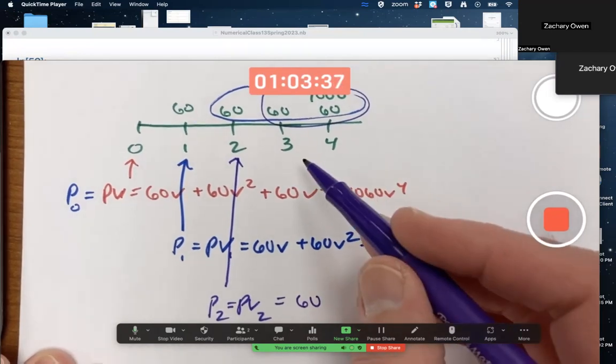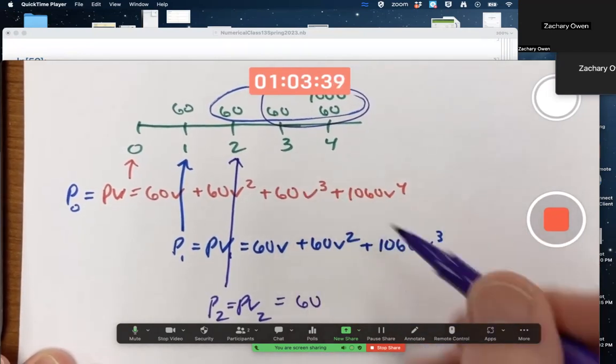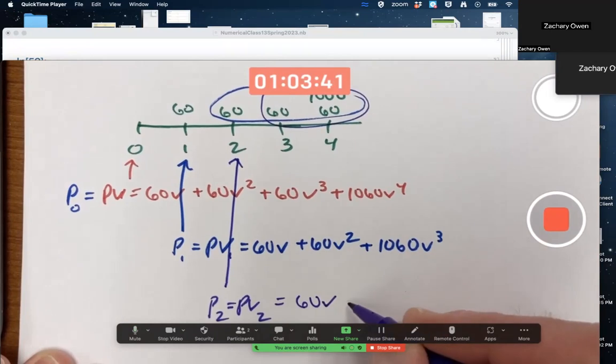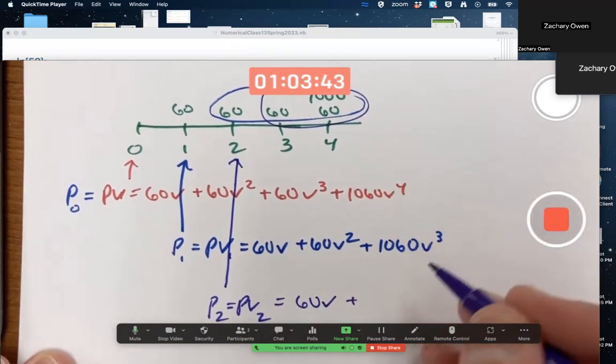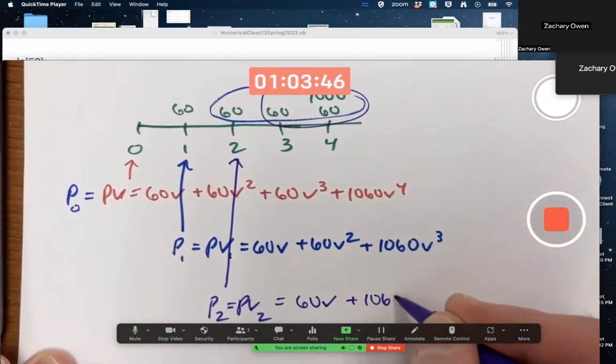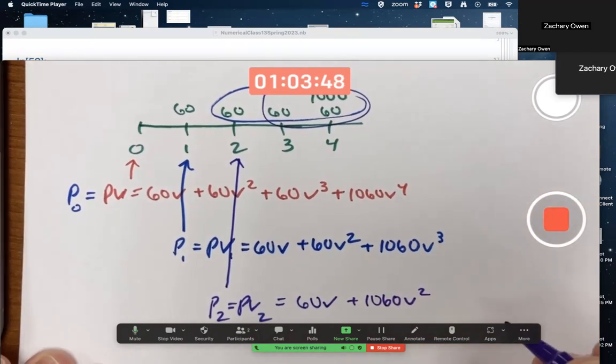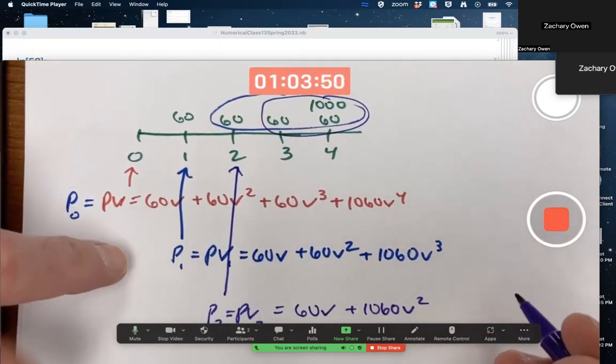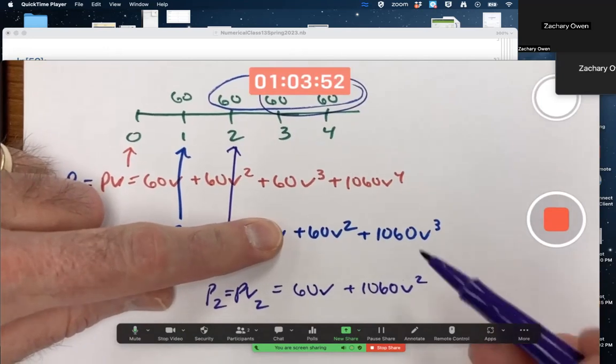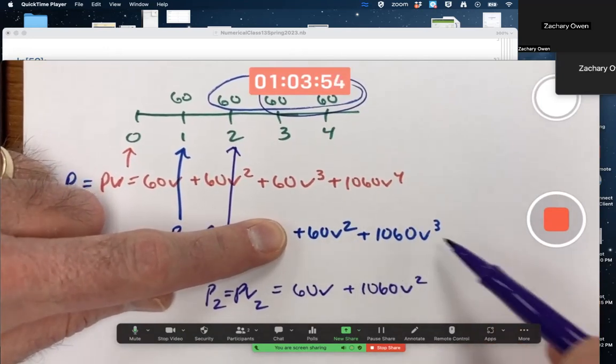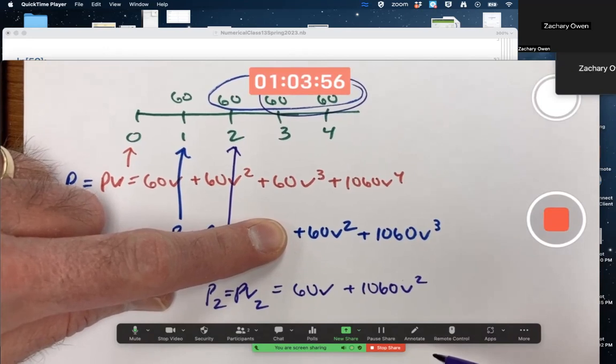The payment of 60 at time 3 has to go back by 1 year to time 2, so it gets multiplied by V. The payment of 1,060 at time 4 has to go back by 2 years, so it gets multiplied by V squared. Once again, it's like you take the previous sum, you delete the first term, and you lower the power of the V's in the other terms by 1.